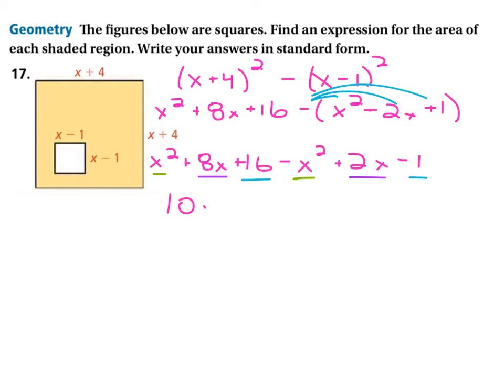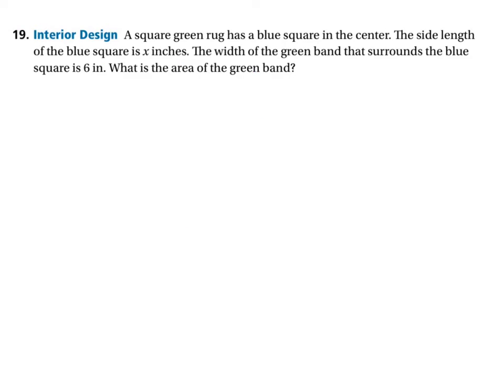That's a total of 10x. And then underlined in light blue, the positive 16 and the minus 1 is plus 15. And that becomes an expression for the area of the shaded figure in green when you don't count the white area that's not shaded. Okay, that's the answer. We have one.